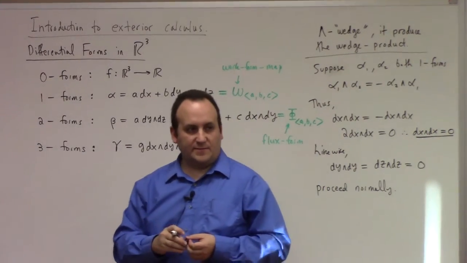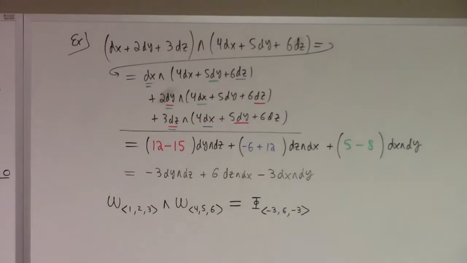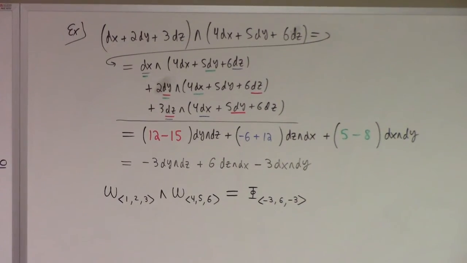Do you notice anything special about that last vector I wrote? What's the dot product of -3, 6, -3 with 1, 2, 3? -3 plus 12 minus 9, otherwise known as 0. And with 4, 5, 6: -12 plus 30 minus 18. Wait a second, that vector is perpendicular to both of the inputted vectors.